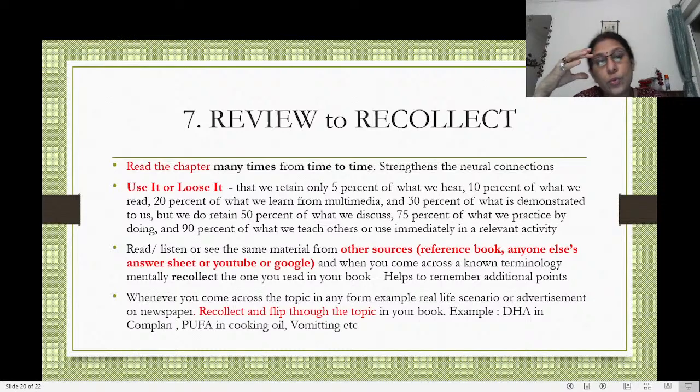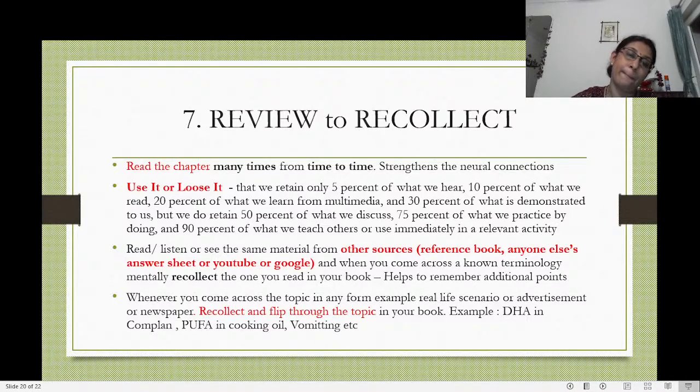When you read something, it's about 10%. When you see it in multimedia, it is 20%. When it is demonstrated to you, you retain 30%. When you discuss it, you retain 50%. When you practice it in reality, you retain about 75%.